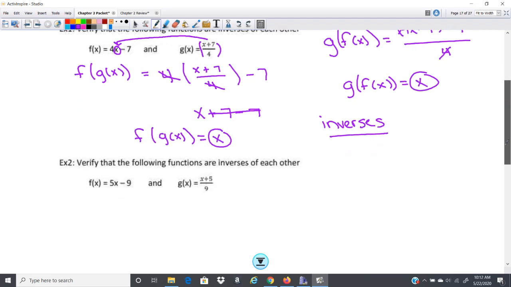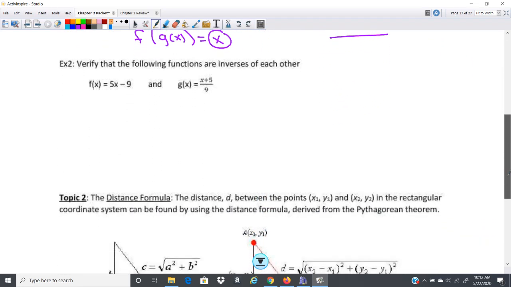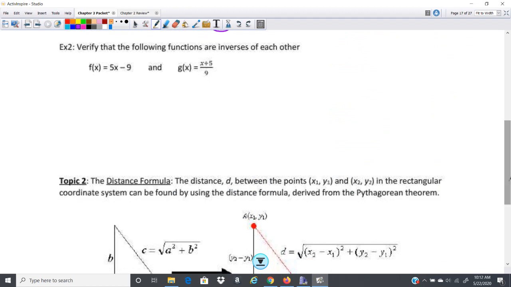Okay, let's take a look at example 2. For example 2, we'll go f of g of x, which means that this function here, (x plus 5) over 9, is getting plugged into f of x right here for this x.